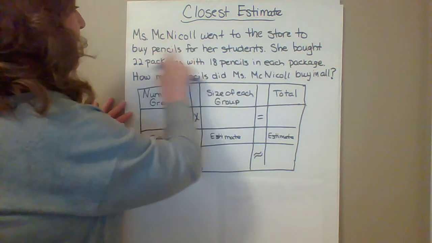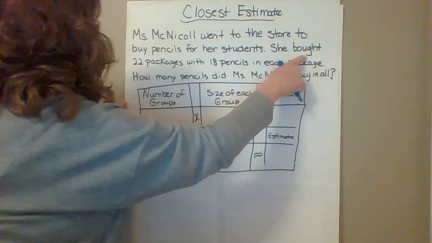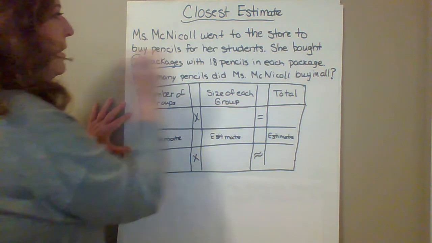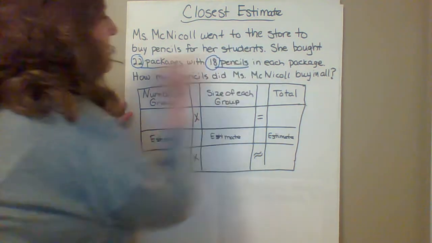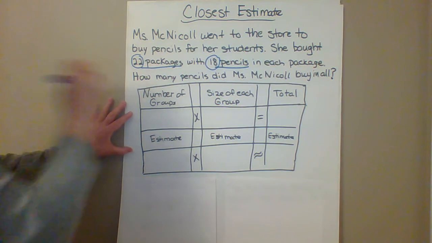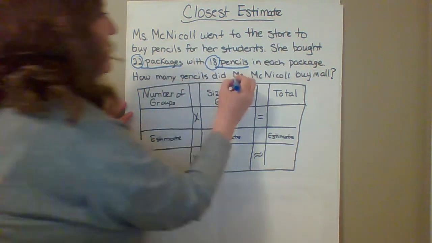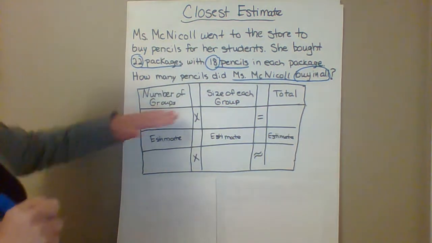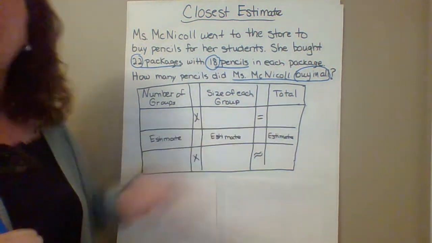So I need to buy pencils for my students. I bought 22 packages with 18 pencils in each package. And I'm trying to find out how many pencils Miss McNicoll bought in all. Okay, so I want you to go ahead and fill in this chart in your mind.